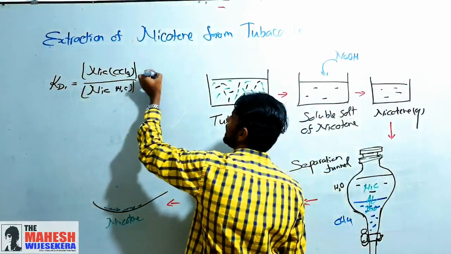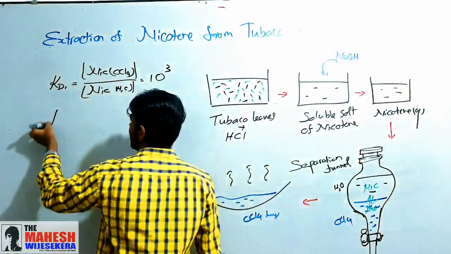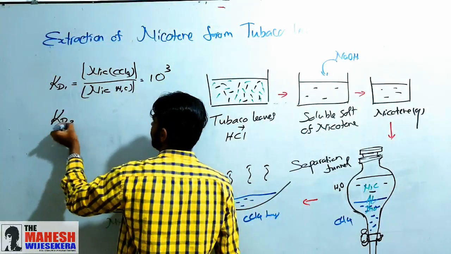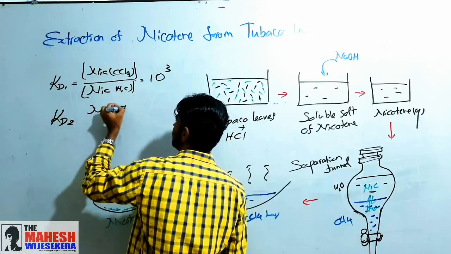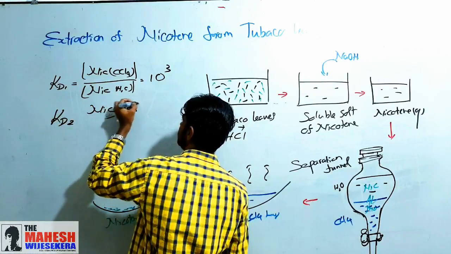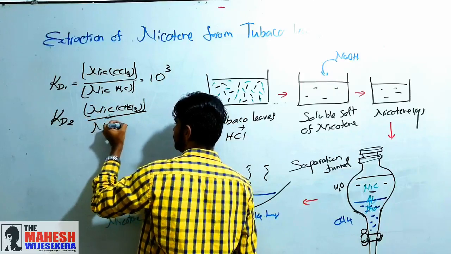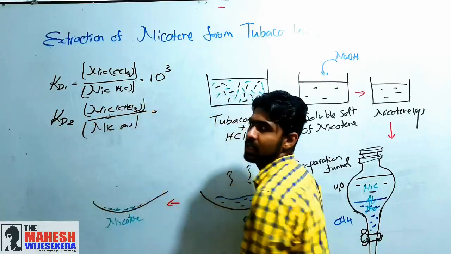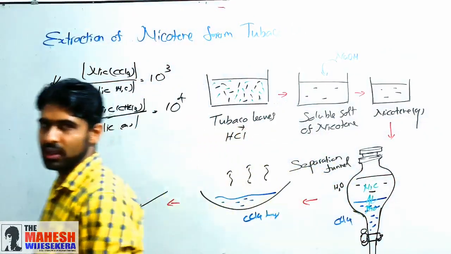Let's say this is 10 to the power 3. And the Kd of nicotine in CHCl3 over nicotine aqueous, if that is 10 to the power 4, which one is more suitable?